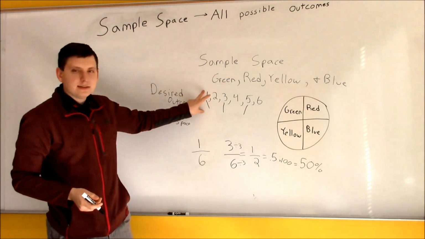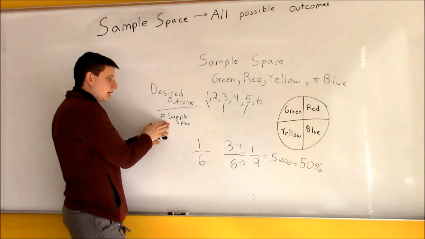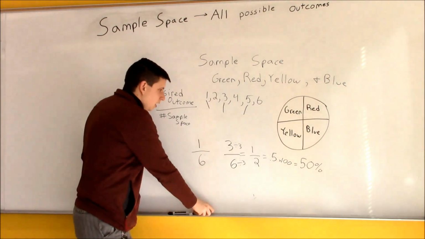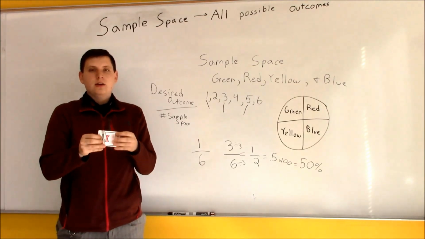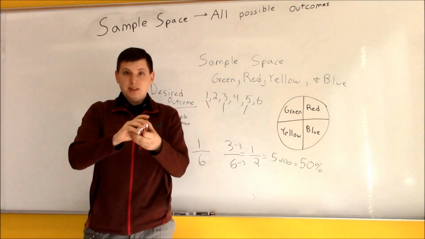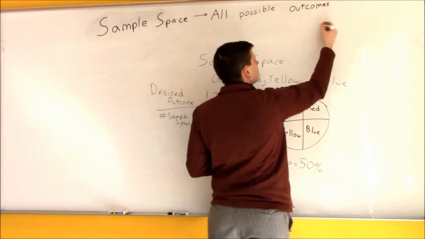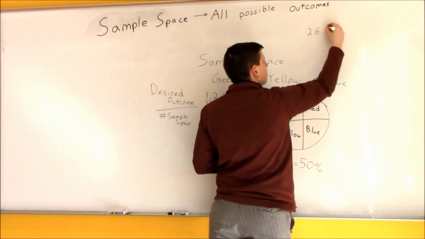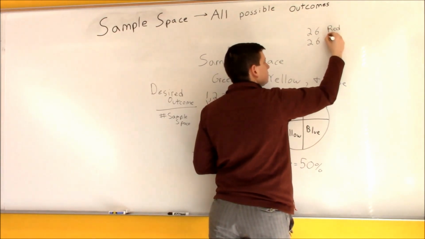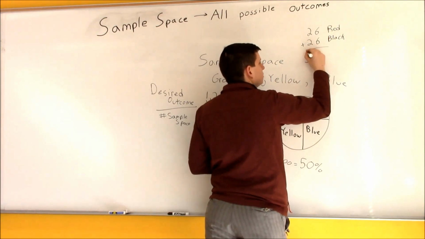Now, sample space is used for all probability problems because that will always be what the denominator is, the number of things that are in the sample space. If I take my deck of cards, in the sample space of the deck of cards, there are 26 cards that are red, and 26 cards that are black, and I know the total number of cards is 52.